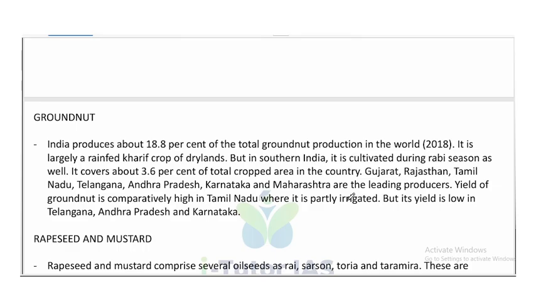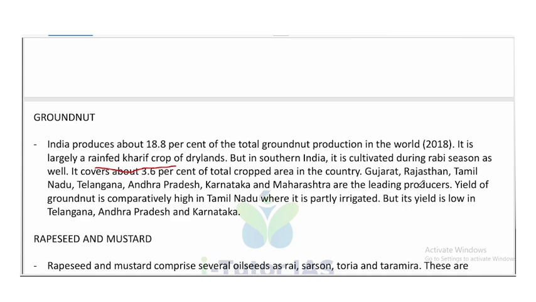Now, groundnut. India produces about 18.8% of the total groundnut production in the world. That is 2018 data. It is largely a rain-fed kharif crop of drylands. But in southern India, it is cultivated during rabi season as well.